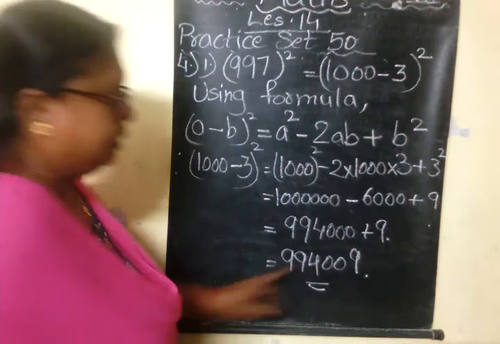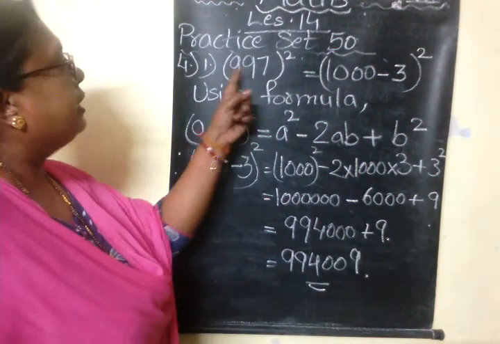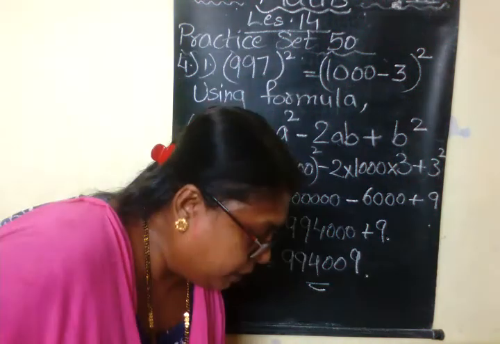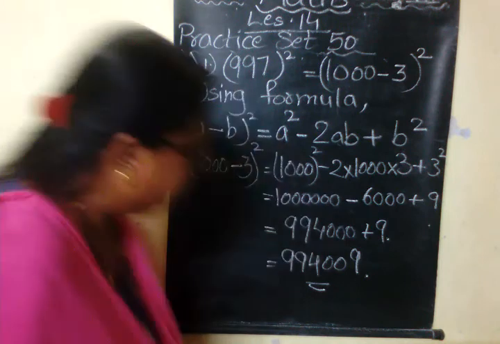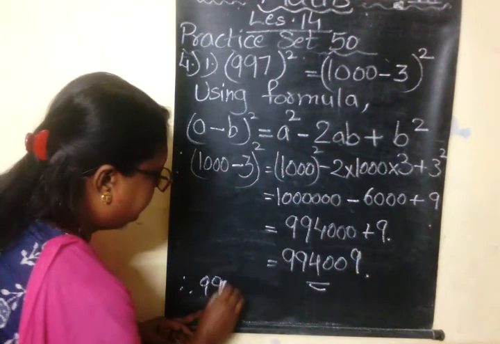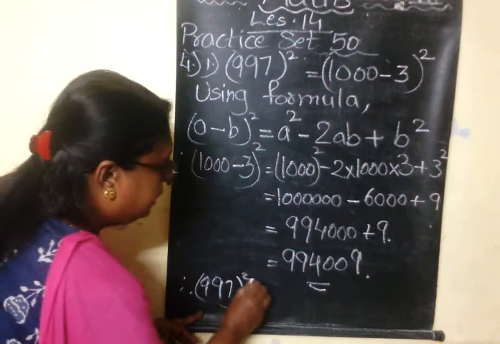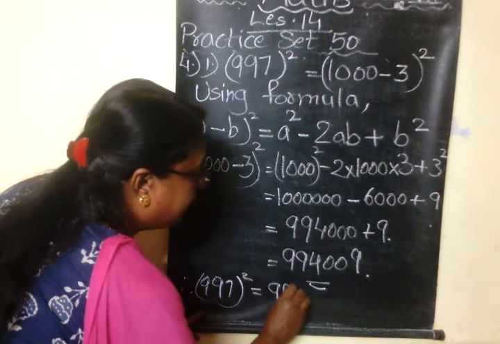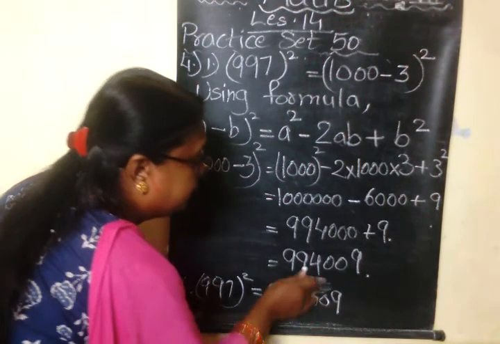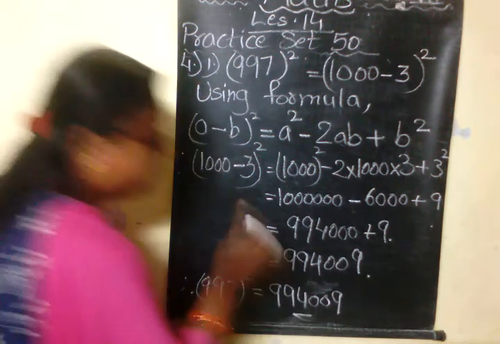This is the expansion of 997 square. So very simple, children. You get the answer in this manner. So lastly you will write, therefore, 997 square is equal to 9,94,009. This is your answer.